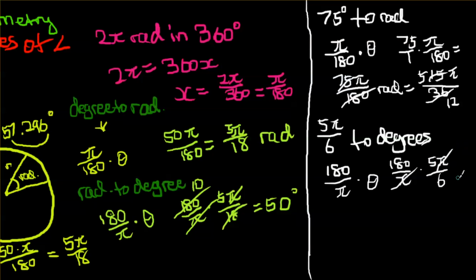Oops, this is supposed to be pi, so let me change that. So, pi cancels out, and 6 and 180 simplify to 30. So there we go, we have an angle of 150 degrees.